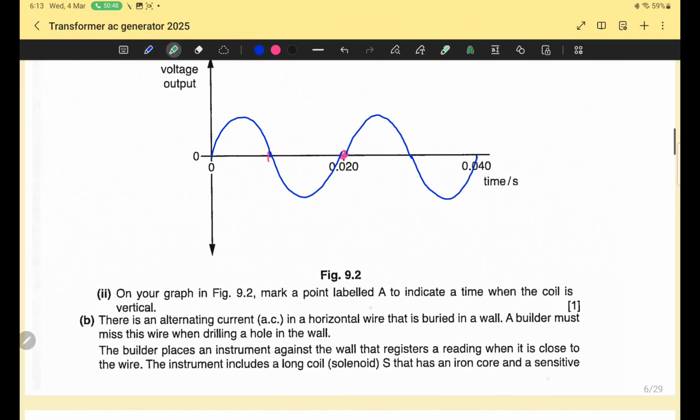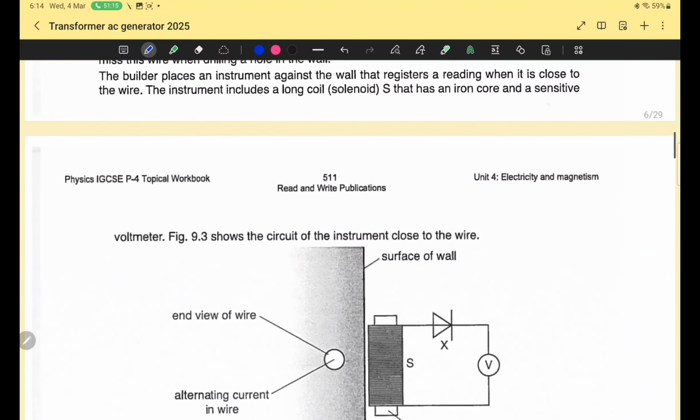And now the question is, where is the coil vertical? Mark this point as A. When the coil is vertical, the voltage will be maximum, minimum zero. So this point A represents the vertical position of the coil.